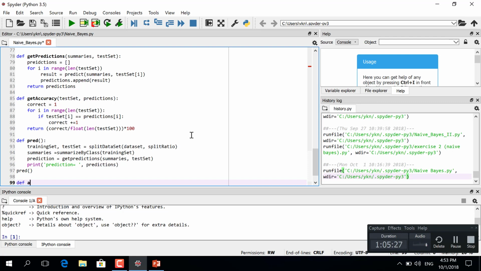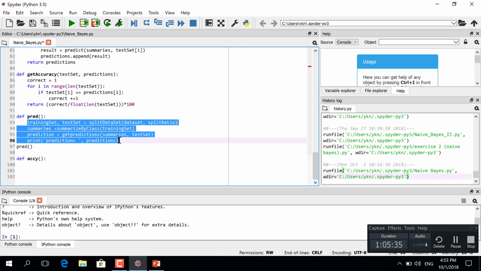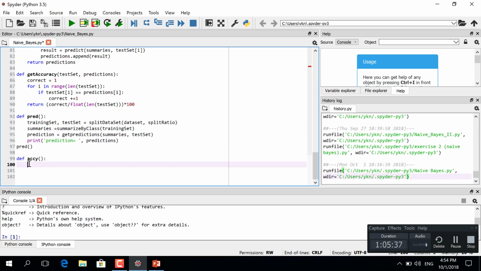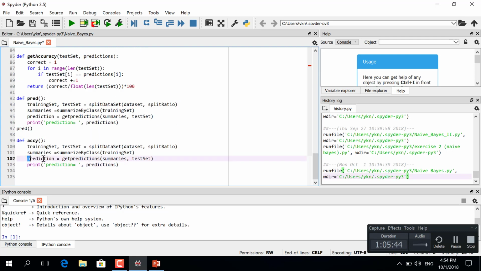Similarly, for accuracy, we can do the same. Indeed, we need to write here... oh, sorry, I think we have predictions here instead of prediction, and then accuracy.